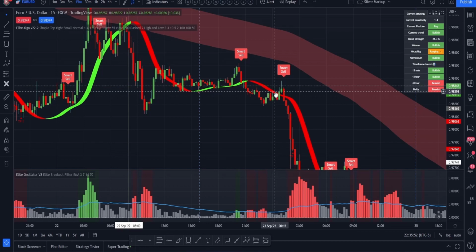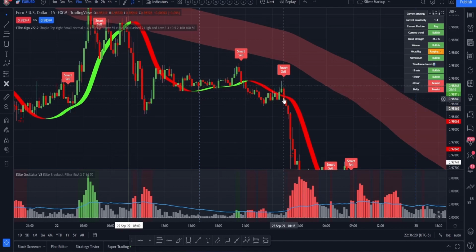Now, if you want to be more conservative, instead of waiting for it to be just getting into the cloud, you can also wait for it to turn red and have your first candle that has the red breakout filter trigger here. So you want the candles to match the trade itself.